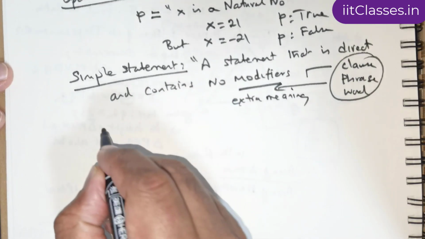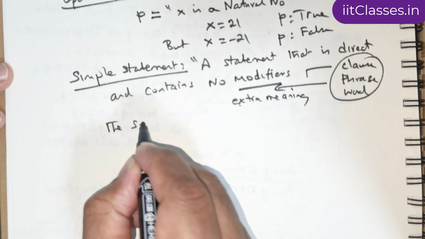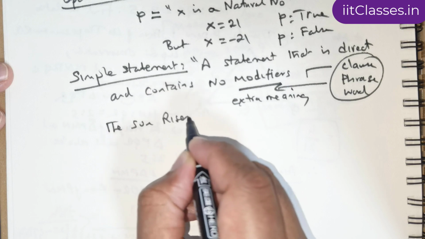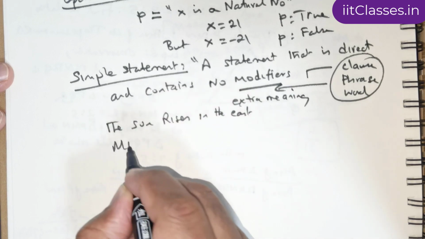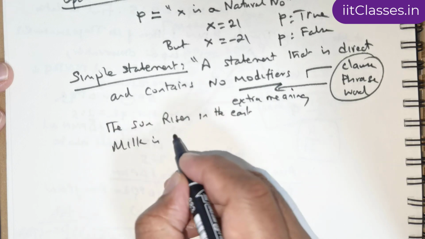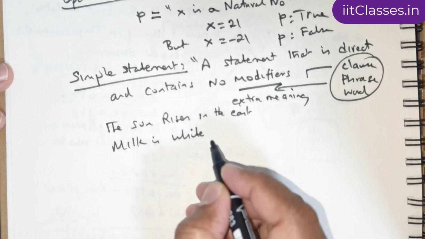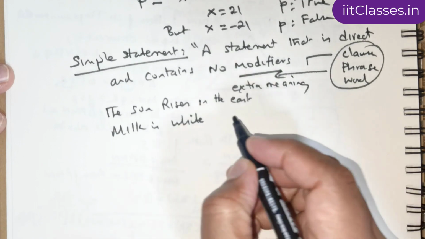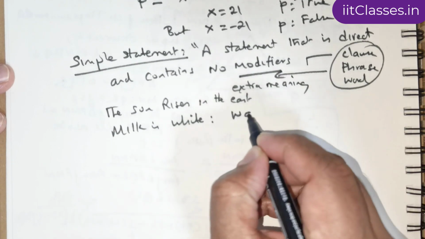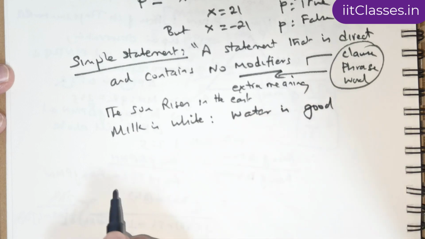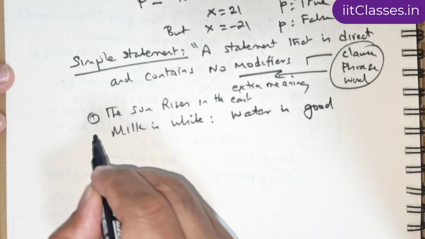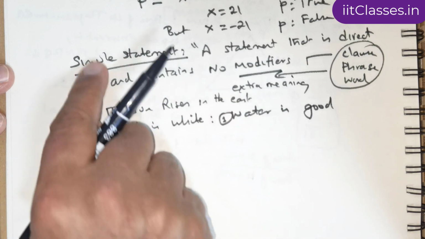Example, the sun rises in the east. Milk is white. Water is good. So these are all some of the illustrations for simple statement.